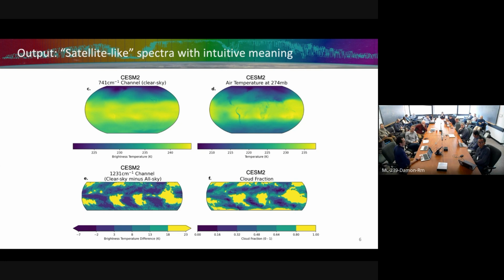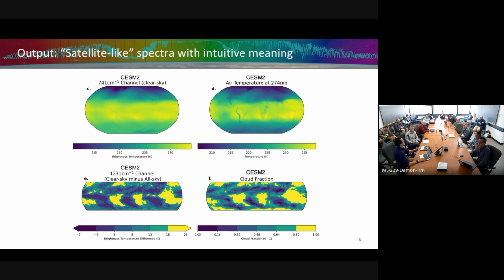And in the bottom row, we can take that clear sky channel that we looked at before and just take a difference between our all sky and clear sky radiation and get, surprisingly, a really good proxy for cloud fraction. So the idea here is just that we want intuitive meaning. We don't want to have to teach everyone to think in an abstract spectral space. I know some about this, but the folks who've been working on these missions and on their retrievals have an immense amount of knowledge and are really interested in leveraging these data for model evaluation and would be really excited to work on this.